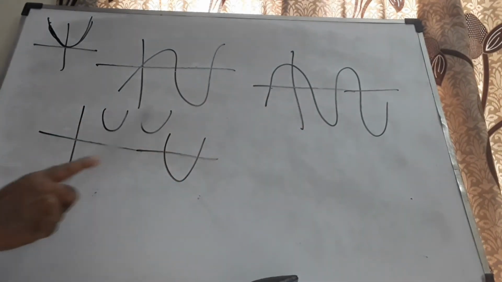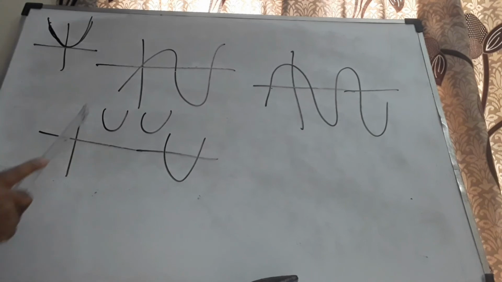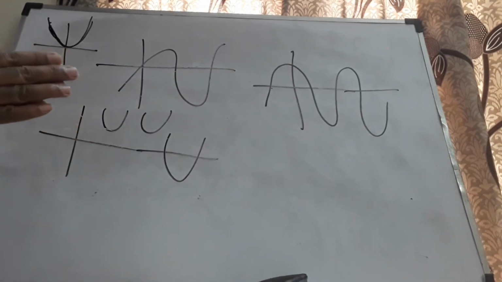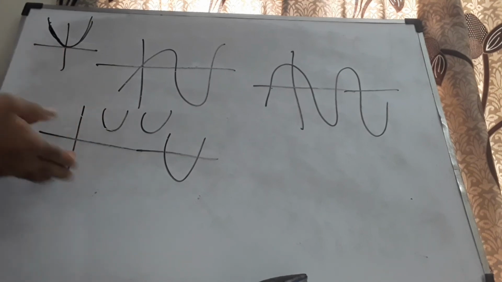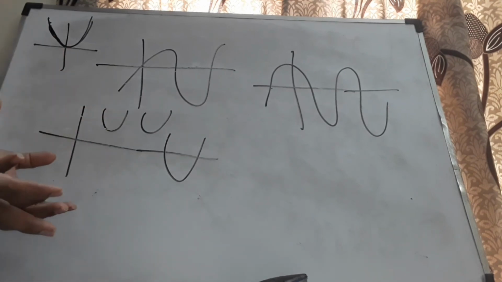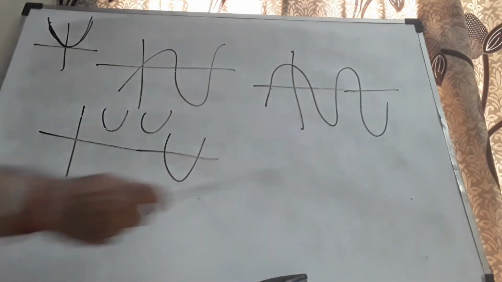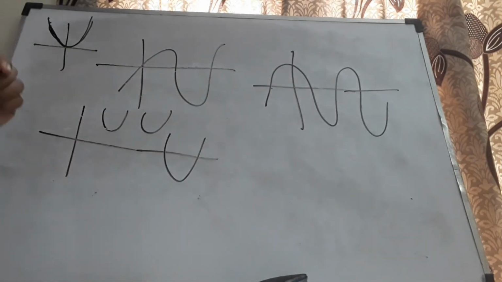For these 2 cases, I won't say there is no zero, I should say there is no real zero for the given quadratic polynomial. That is the meaning. Given a polynomial, even if you are not able to identify whether it is cubic or quadratic or 4th degree, by looking at the graph, I have to identify the various different possibilities like this.